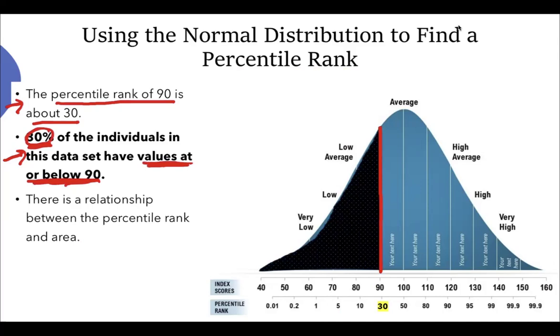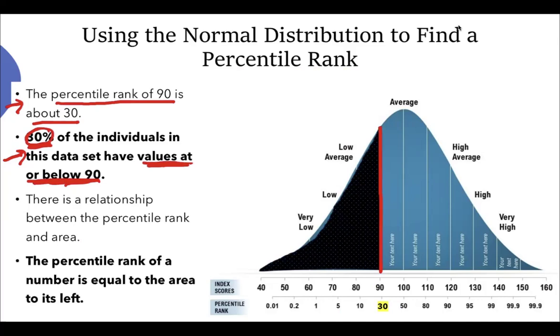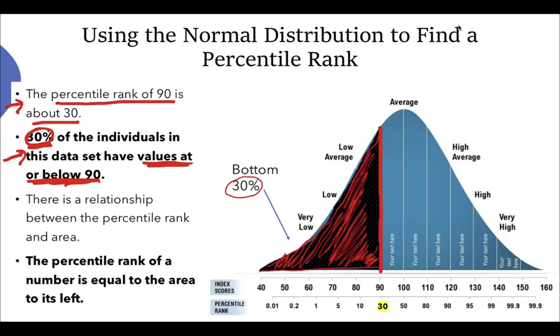It is 30%. So there's a relationship between percentile rank and area. The percentile rank of a number is equal to the area to its left. This shaded in piece right here is 30%. In particular, we call it the bottom 30% because it's on the left side of the curve, the bottom part of the curve, as opposed to things up here, which are considered the top of the curve.